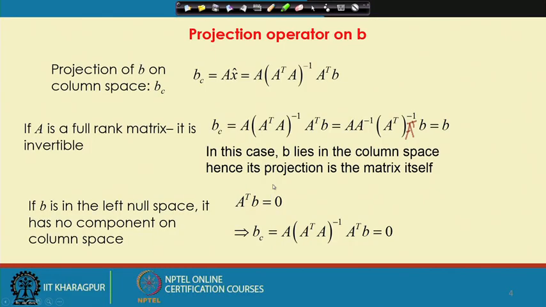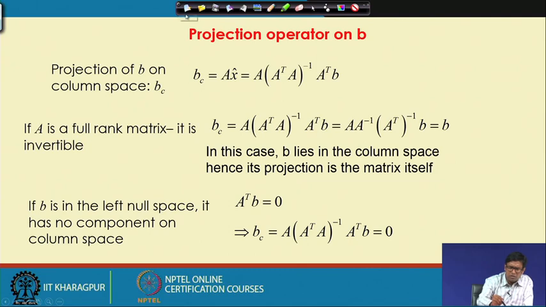So, when A transpose B is equal to 0, that means B is in the left null space of A, and we can see B_c gives us 0. So, these are two quick checks on the projection operator, which is consistent with the cases where B is in the column space and where B is in the left null space.